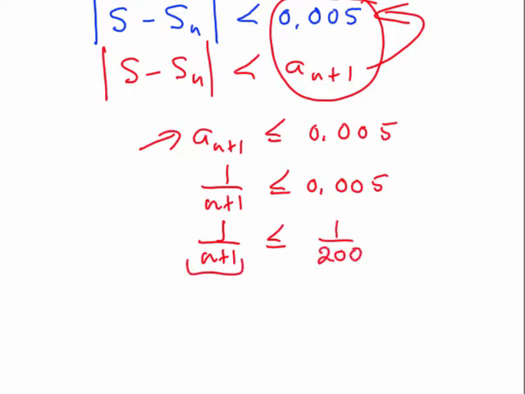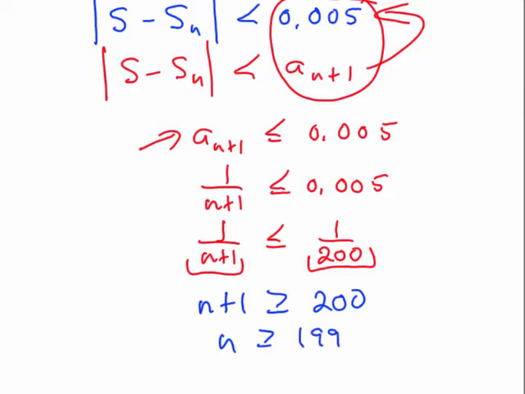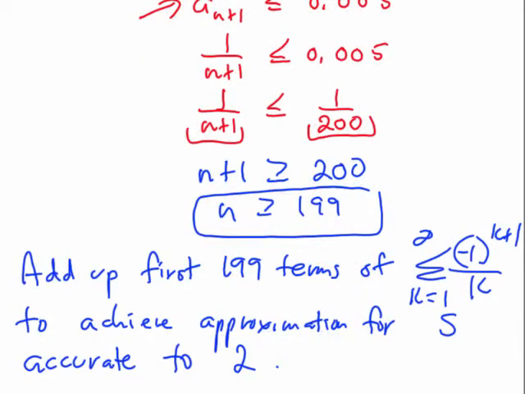And we have positive values on both sides. We can use a property of inequalities to take the reciprocal of both sides and flip the sign. And so n is greater than or equal to 199. So if we add up the first 199 terms of our series, we will get an approximation for the alternating harmonic series accurate to at least 2 decimal places.